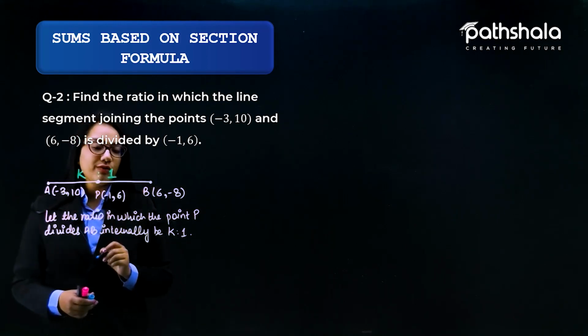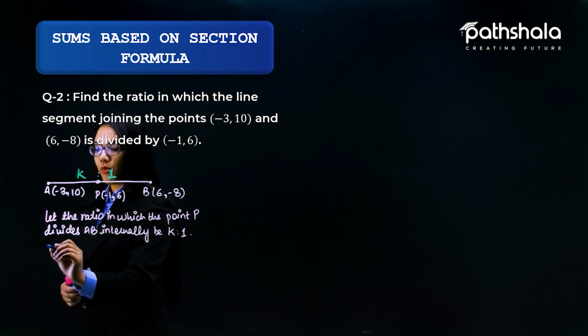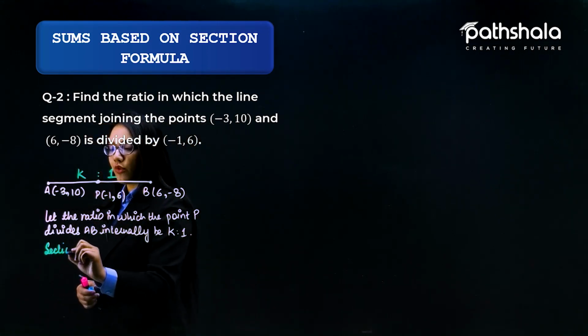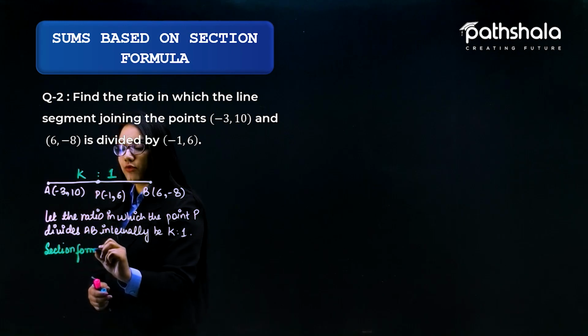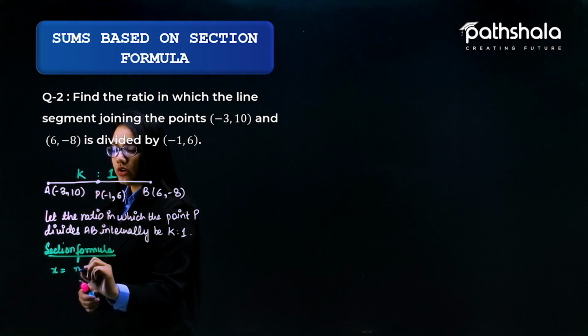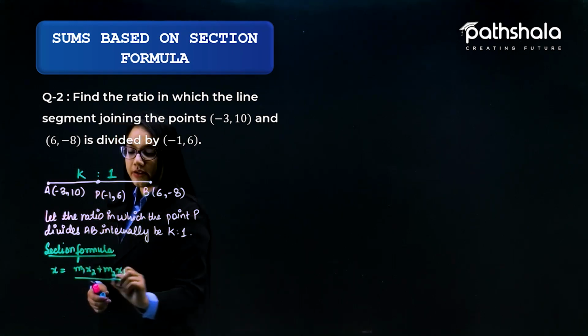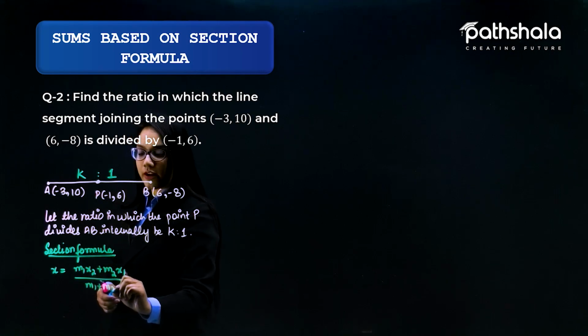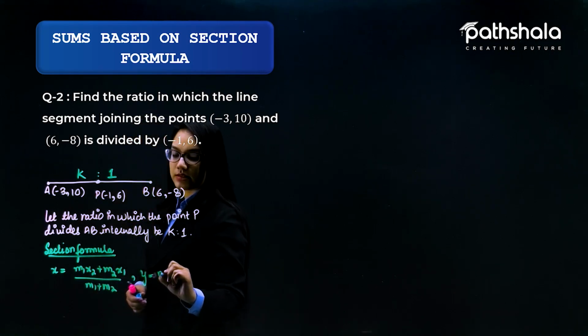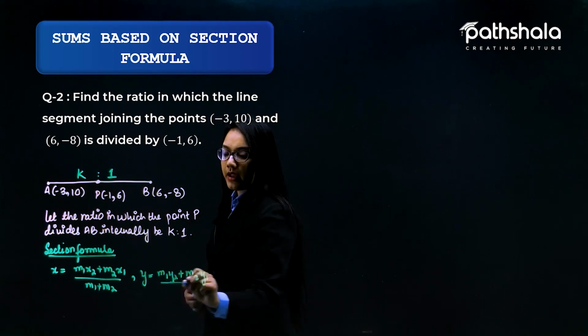Using the section formula, we can find the value of K. As per the section formula, x is equal to (m1x2 + m2x1) divided by (m1 + m2), and y is (m1y2 + m2y1) by (m1 + m2).